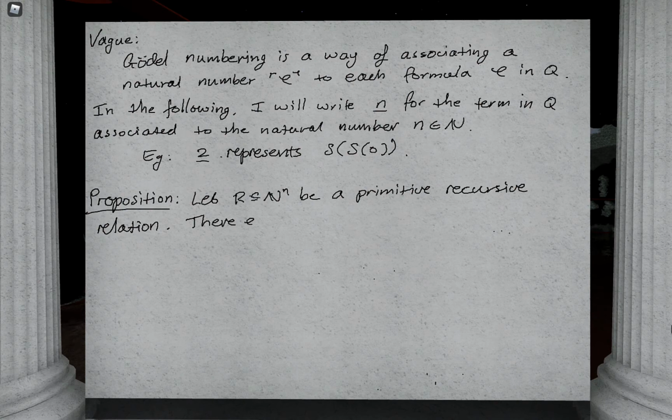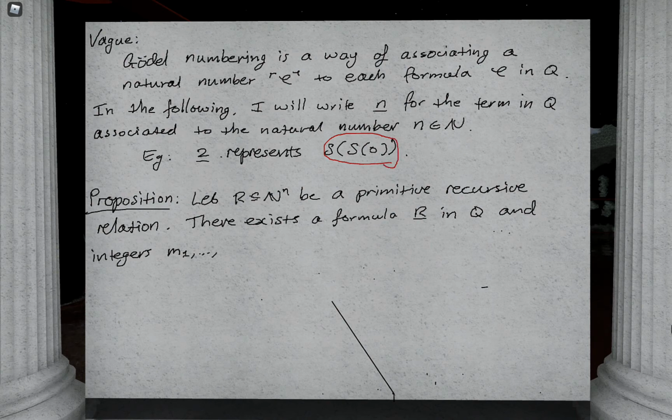Can I just fuss a little about notation? Sure. Just to be clear, there are 3 different levels of things here. There's the first order language in which S of 0 lives. It's one of the terms of that language. And then there's the set of natural numbers where something like 2 lives.